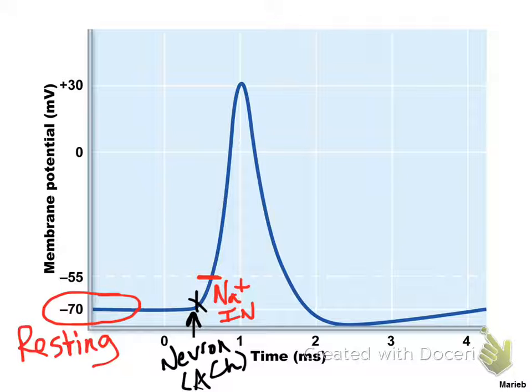What do we call this effect that's happening right here by our acetylcholine receptor? Local depolarization. So between the dotted white line and that resting point, everything between where I drew the X and where I drew the red line, that's going to be our local depolarization.